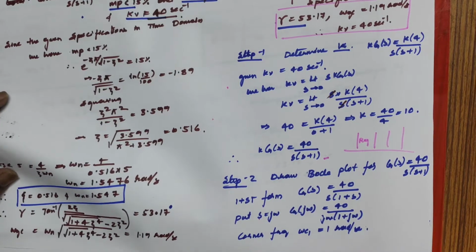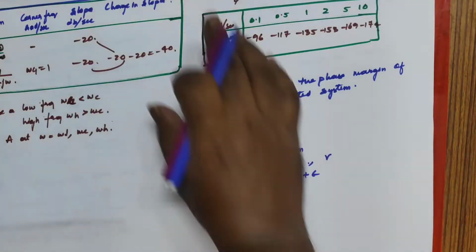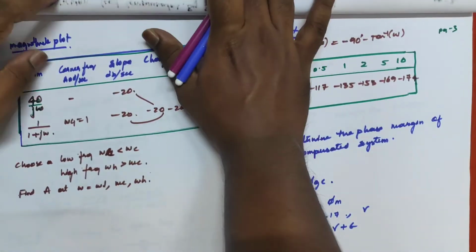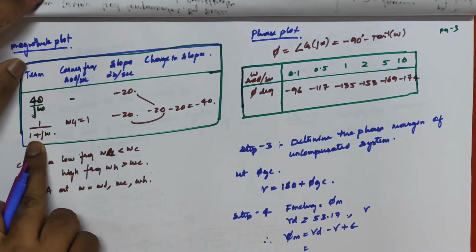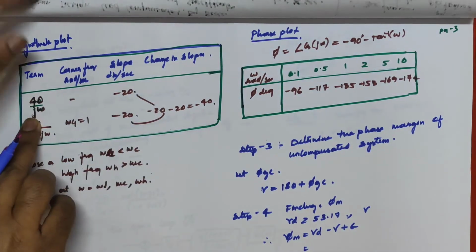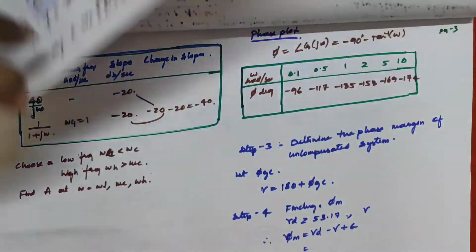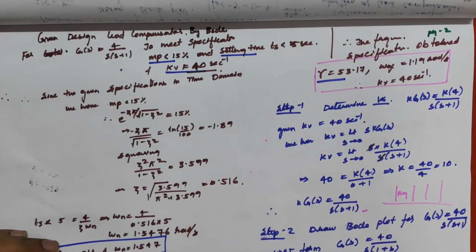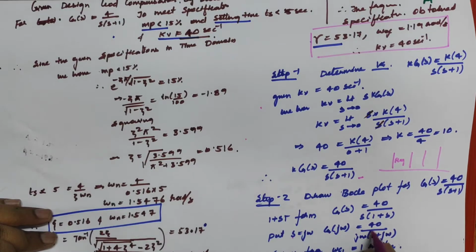Now, for the magnitude plot, I give the term, the corner frequency value, and the slope. The term is 40 by j omega. This is at lower frequency, so at lower frequency I have this term.